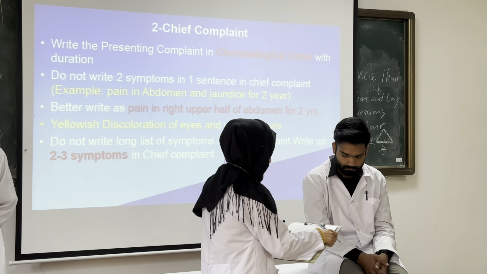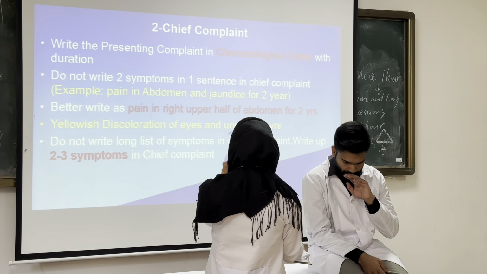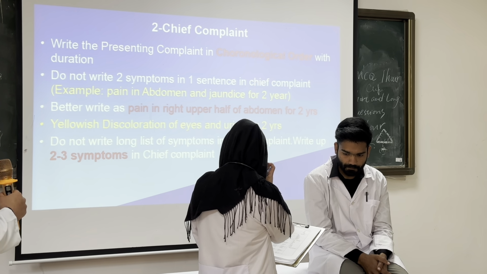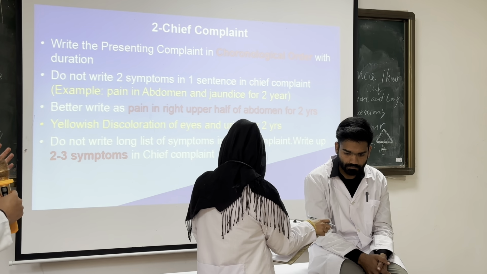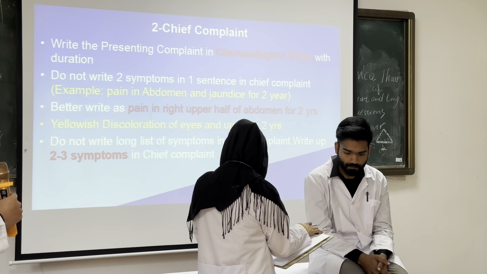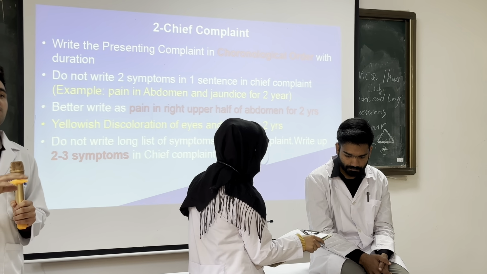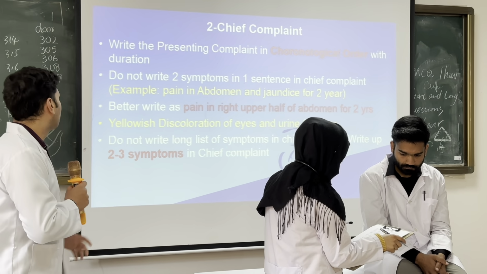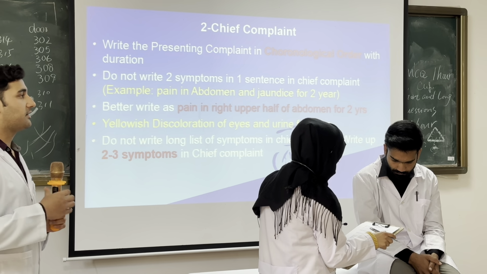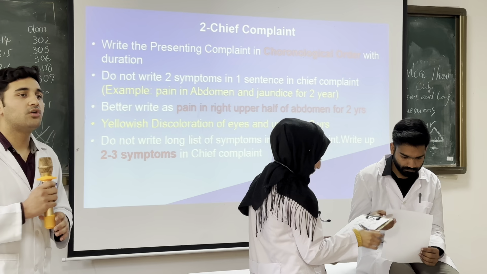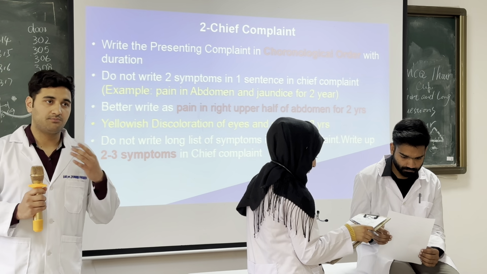So then we will write the chief complaint. The most important point in chief complaint, we will write the presenting complaints in chronological order. What is chronological order? Do not write two symptoms in one sentence. If some patient has pain in abdomen and jaundice, we will not directly write the diagnosis.